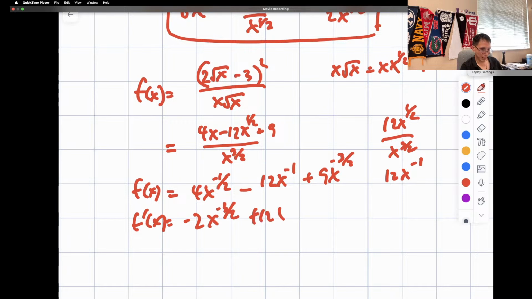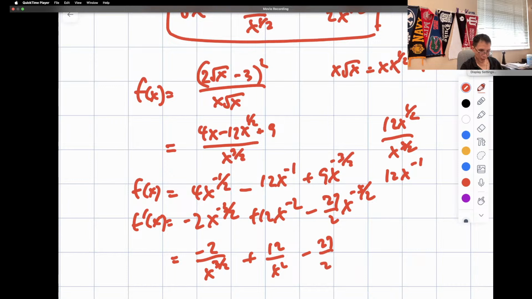Plus 12x to the negative 2 minus 27 over 2 x to the negative 5 over 2. And if you really want, you can put it like this: plus 12 over x squared minus 27 over 2 x to the 5 over 2.